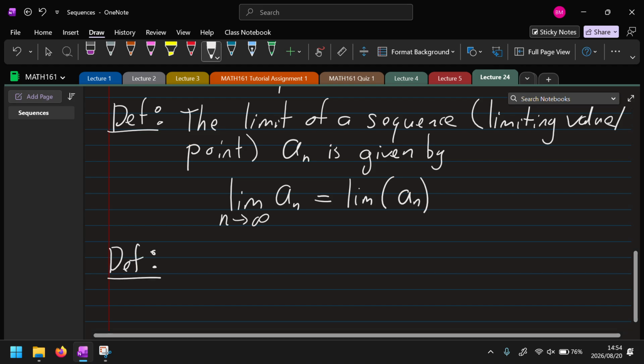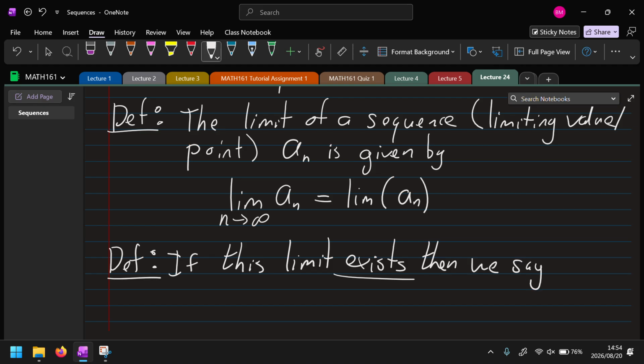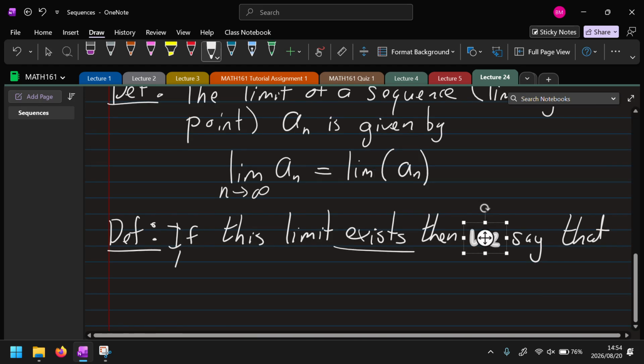Okay. A few more definitions. If this limit exists, we know how to test for that, if the limit exists or not. If this limit exists, then we say that the sequence converges.